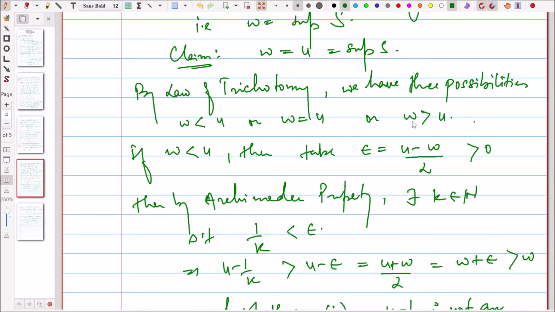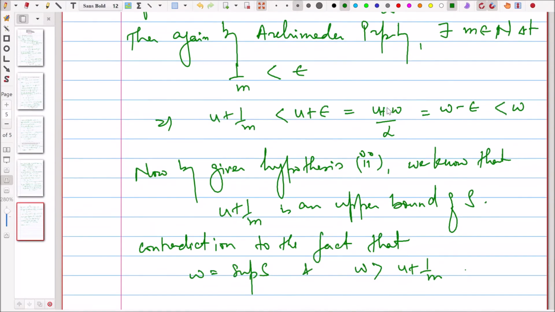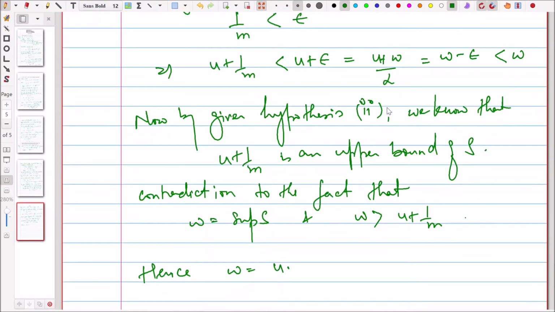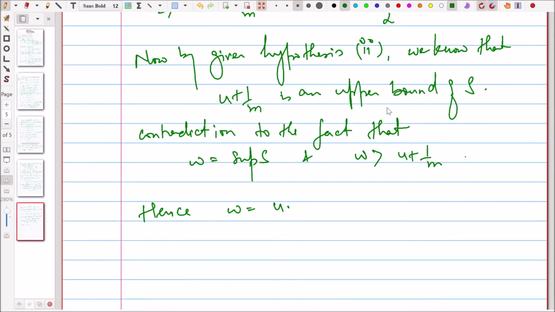When we took w greater than u, then we took epsilon equal to (w minus u) by 2, and in that case also we arrived at a contradiction. Hence both are not possible. So the only possibility is w equal to u, that is, u is equal to the supremum of S. So we are done with the third question.